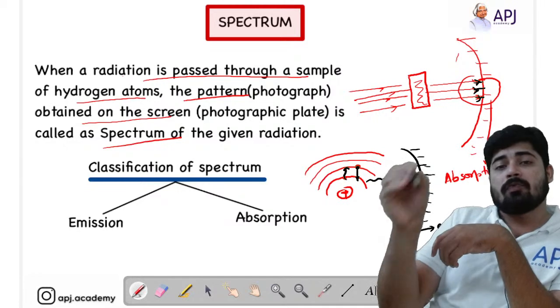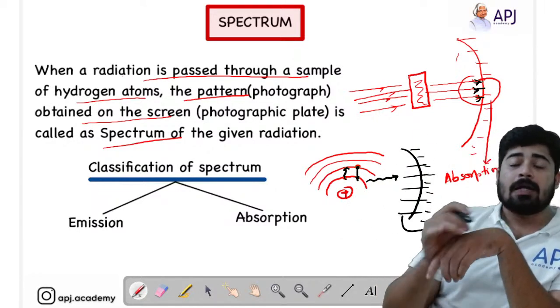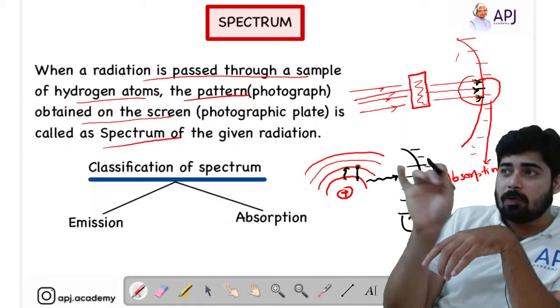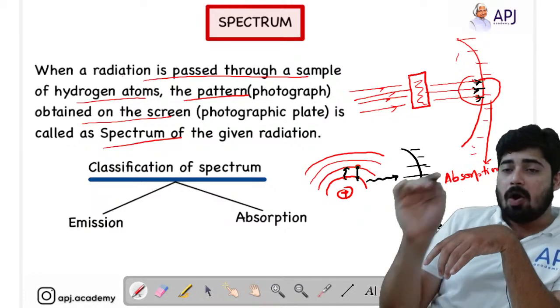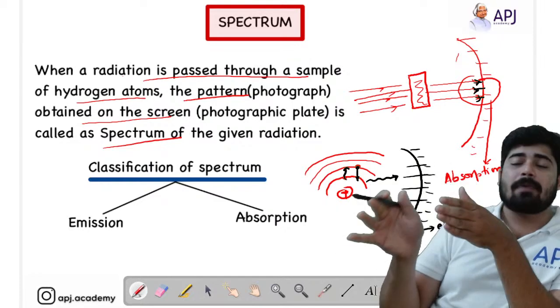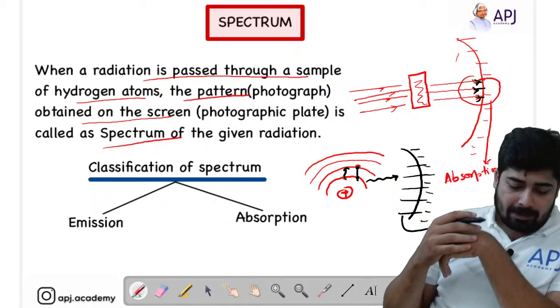So now we receive certain radiations emitted by the hydrogen atom. That radiation we trap on the photographic plate and we see a radiation pattern, and that pattern is called a spectrum. Hope that is clear, students.